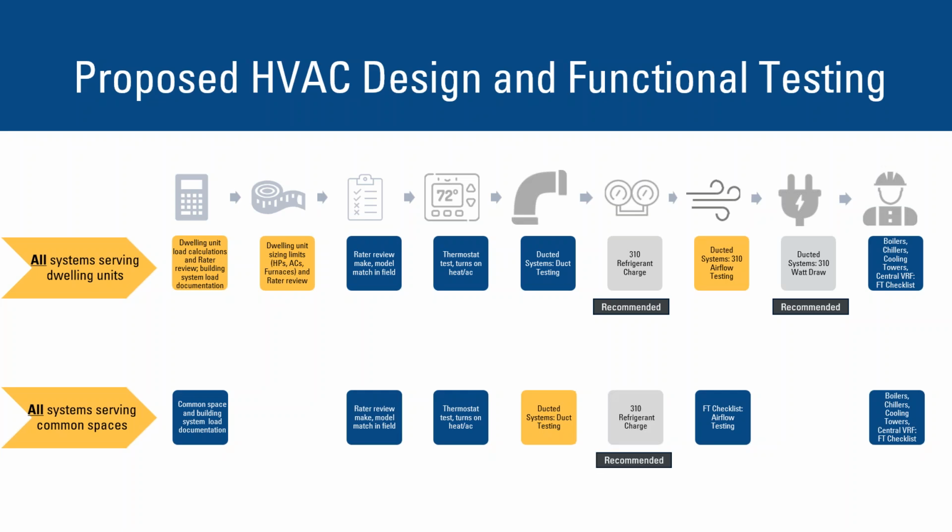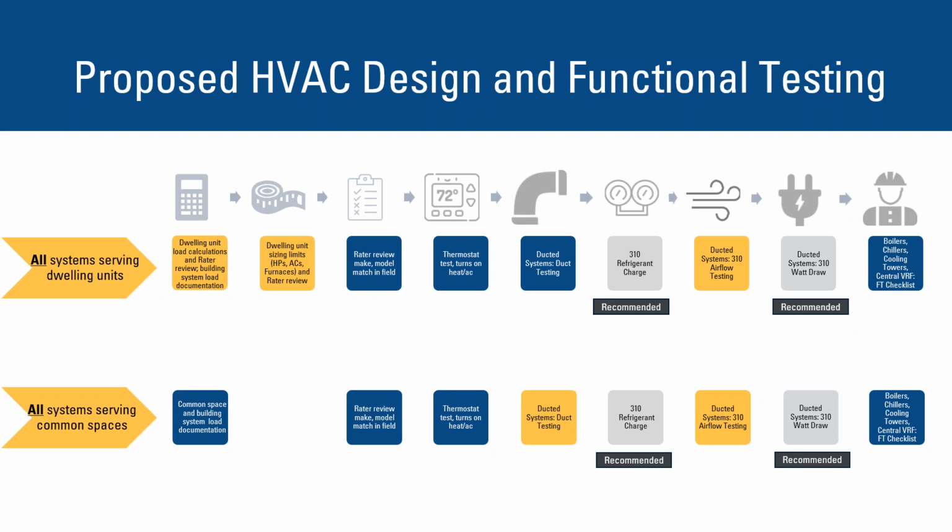We are making the refrigerant charge a recommendation to do the 310 refrigerant charge and switching to the 310 airflow testing requirement for common spaces. And similarly, having the recommendation for the 310 watt draw. And then for those large systems, again, they use the functional testing checklist still.